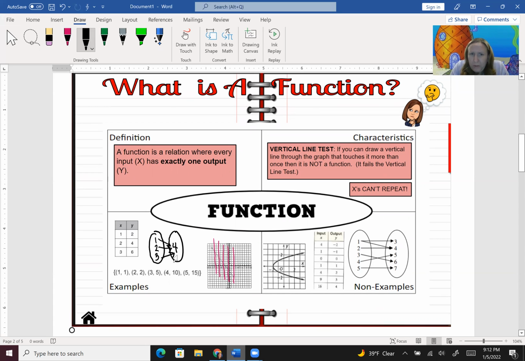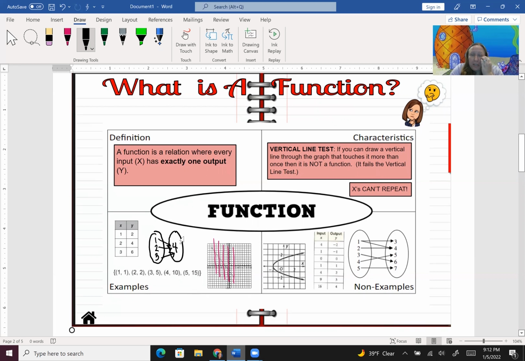It is totally okay for functions to share an output. What you're really checking for is to make sure each input is only matched with one output. So 1 is only paired with 4, 2 is also only paired with 4, and 3 is only paired with 4. This one looks a little crazy, but this one is a function. Each input only has one output. They all have the same output, and that's okay. So those were all examples of functions.